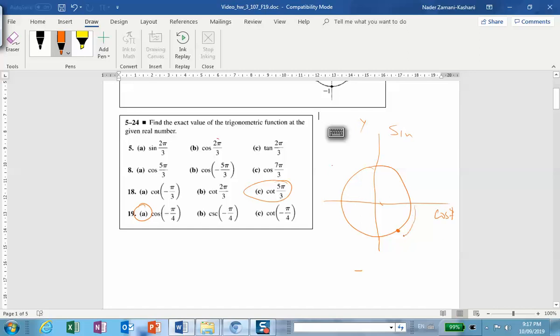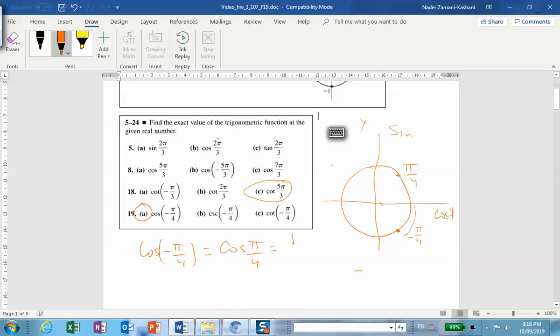That means that if you know everything about pi over 4, and you should have memorized it, you know the answer. So cosine of minus pi over 4 is the same as cosine of pi over 4, and this is root 2 over 2.